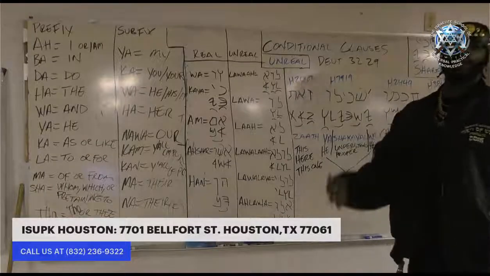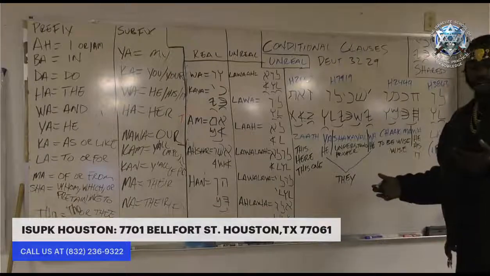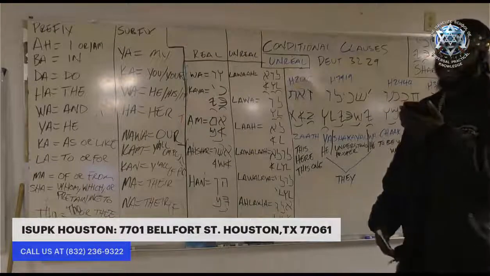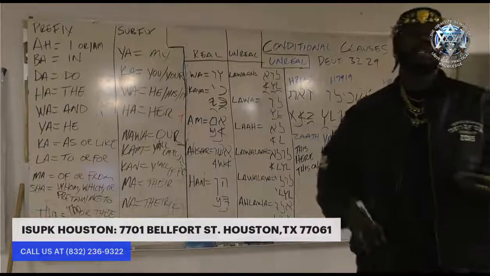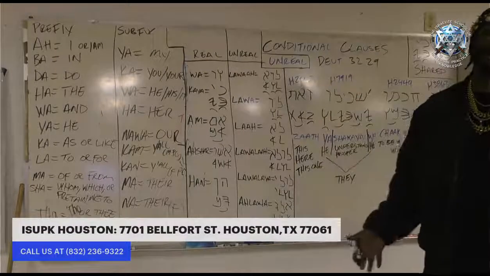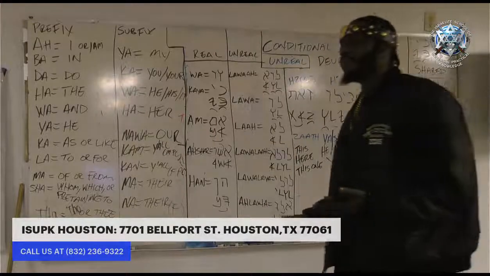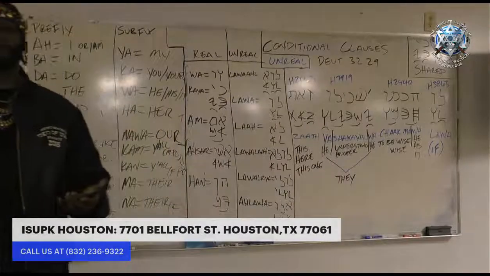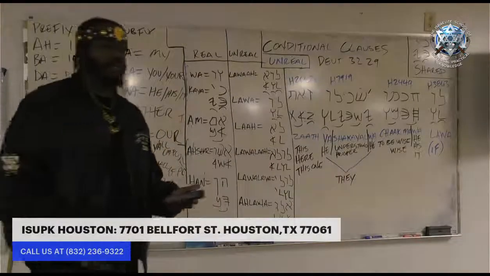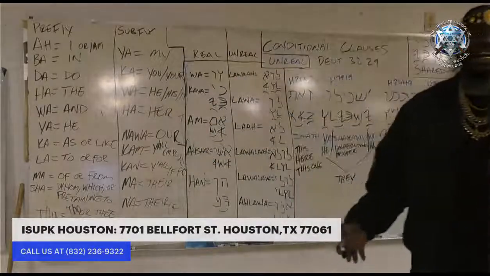This is a sarcastic statement. So why is it sarcastic? Because it's saying if they understood this, they would consider the latter days. So just like today, if people understood the law, statutes, and commandments, they would consider that we are at the end time.